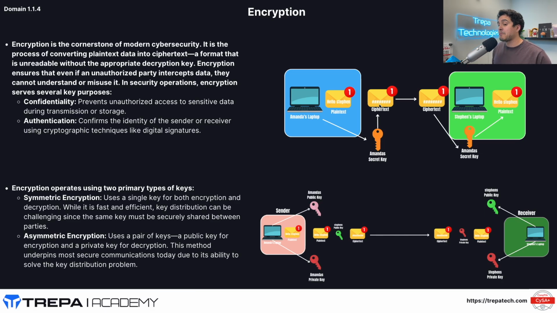Now, in security operations, encryption gives us a lot of functionality. When we protect our data at rest and use full disk encryption, things like BitLocker, that's good for our computers, our storage area networks, and our devices. When they get stolen, they're fully encrypted and you can't log into them without the BitLocker PIN.